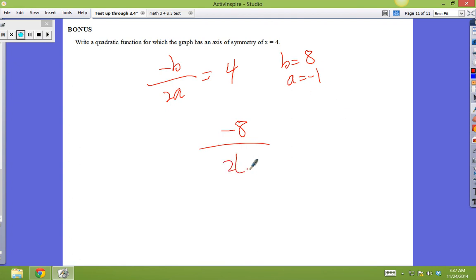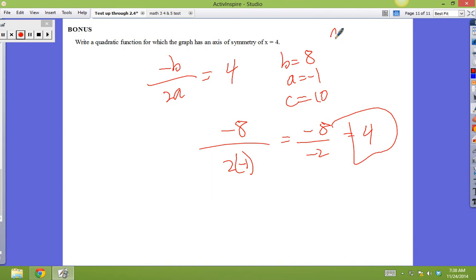Because 2 times a negative 1, that would be a negative 8 divided by a negative 2, which would be a 4. So there's lots of right answers. You could have several, as long as negative b over 2a gives you a positive 4. So c doesn't really matter. C could be whatever you want. So you could go negative 1x squared plus 8x minus 10. The only thing that matters is your a and b.